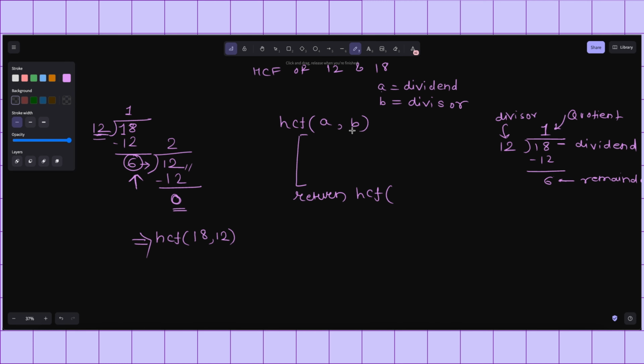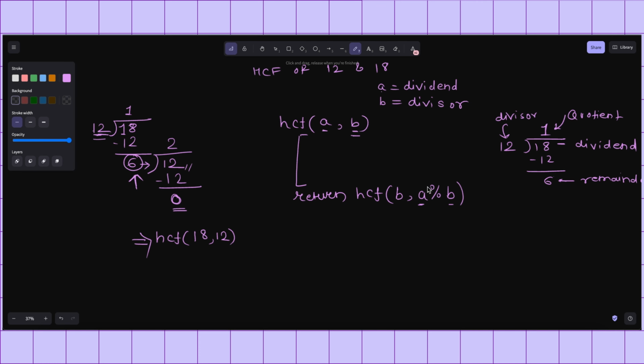So we will pass b as it is, because it is my current dividend, and the value will be a % b, that is the remainder. When you divide the dividend 18 by the divisor 12, you will get a remainder, and that remainder will be my new divisor.